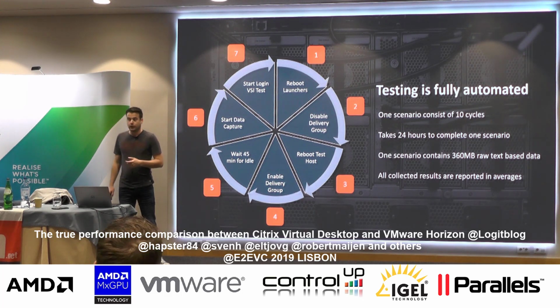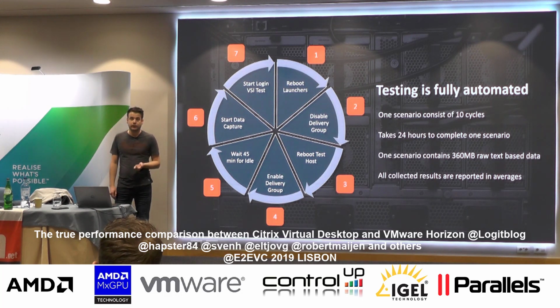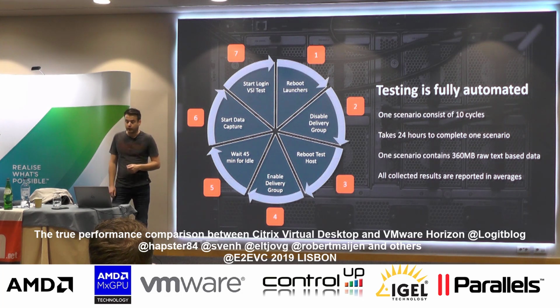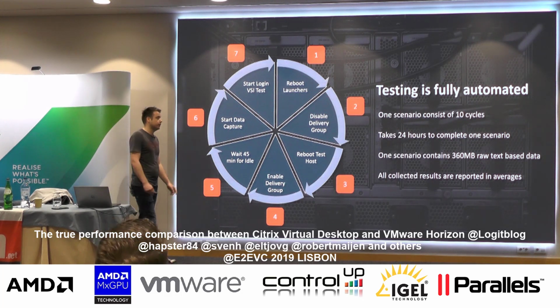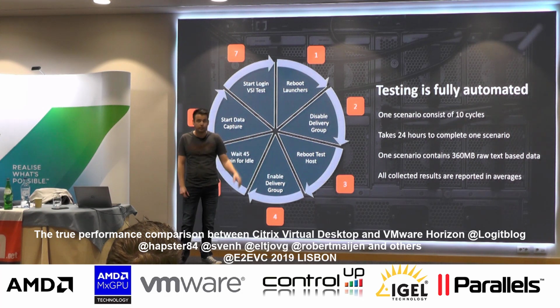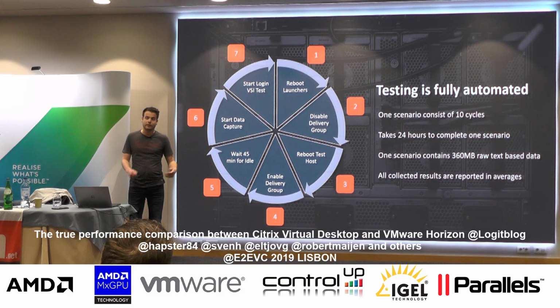To give you an idea, 1 test cycle takes us around 24 hours to complete. And that's just 1 single scenario; you need at least 2. There's a lot of data involved: 60 MB of raw text data. Actually it's a little bit more, including the video data. We're talking about gigabytes of data.